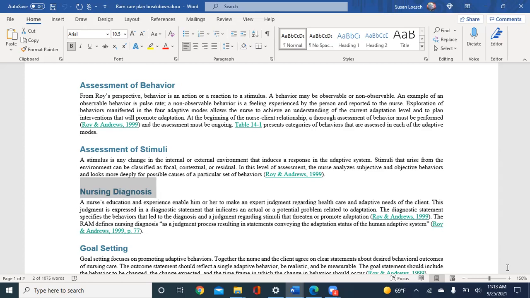So what external or internal stimuli right now is causing a change in the way she's going to adapt to the environment? So here's the thing, we get sick, we have certain internal innate processes that try to help us adapt to that. And sometimes we can adapt and we can move along. And other times we really don't adapt well.